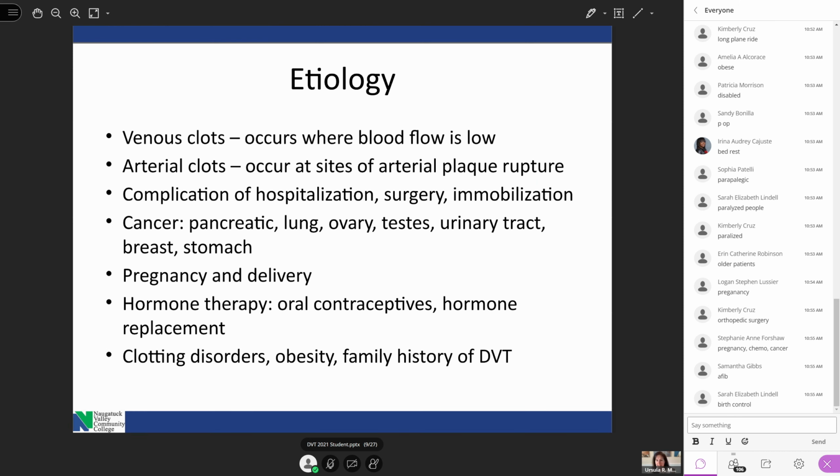Okay, back to etiology. What can cause it? So we started to talk briefly about this. Venous clots occur where the blood flow is low. Arterial, so remember I mentioned there's two systems. Which way are we going on the highway? Are we going down away from the heart, or are we coming back up? Are we going north, or are we going south?